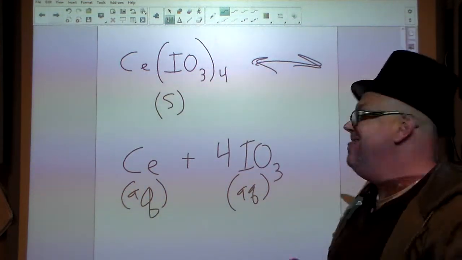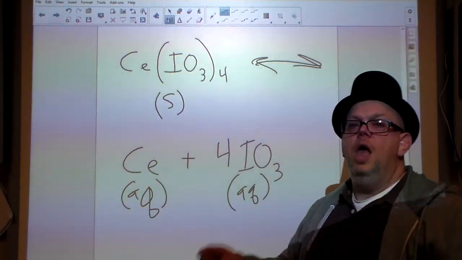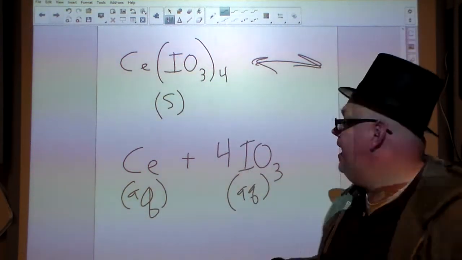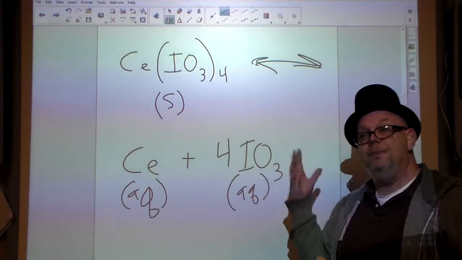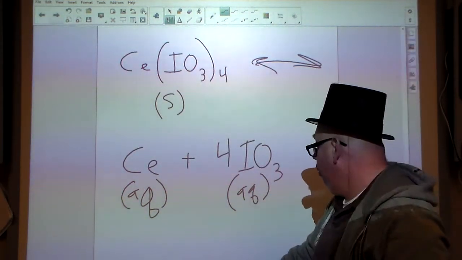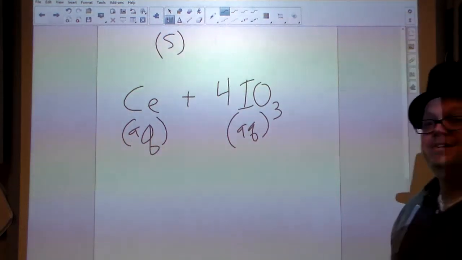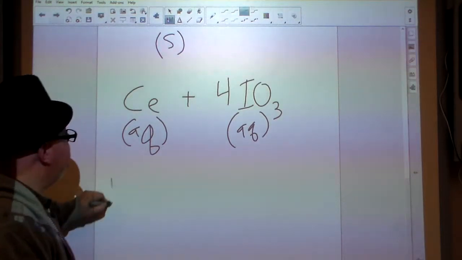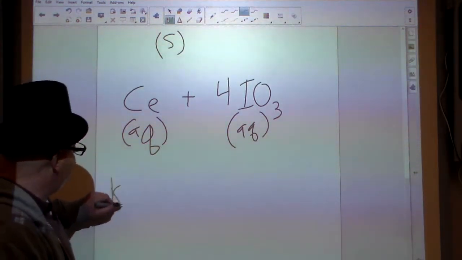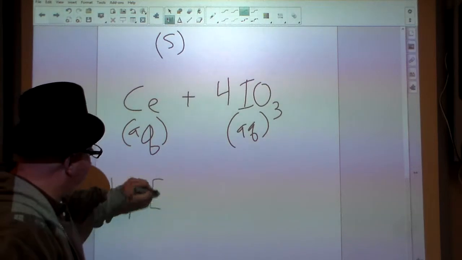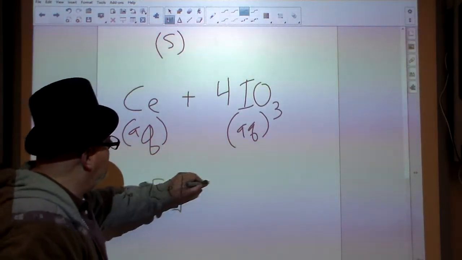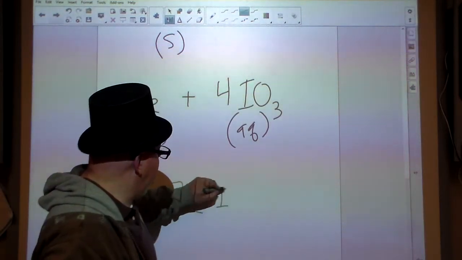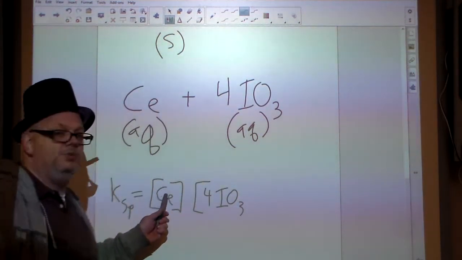I'm showing you guys this, not working through the numbers. I am showing you how the equation goes back and forth to get that equilibrium, because that's how it's going to break up. It's a ratio. Okay? So when you're trying to calculate the KSP of this, your solubility product, it's going to equal the concentration of our Ce multiplied by 4 times the concentration of the IO3, which is going to be 4 times whatever this is.